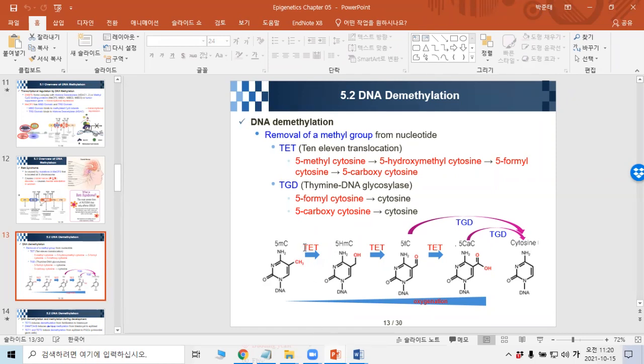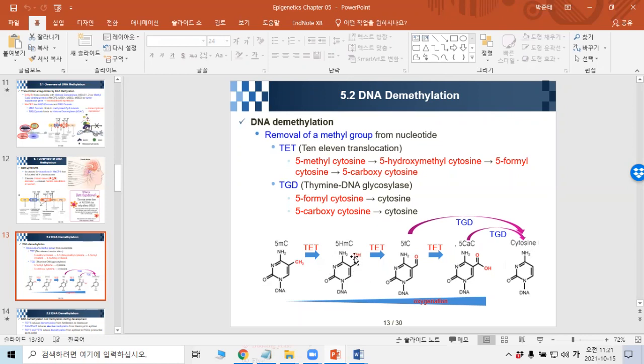The main function of TET is that they can oxidize the methyl group. First, this is 5-methylcytosine. First, TET will make 5-hydroxymethylcytosine like this, 5-hmC.